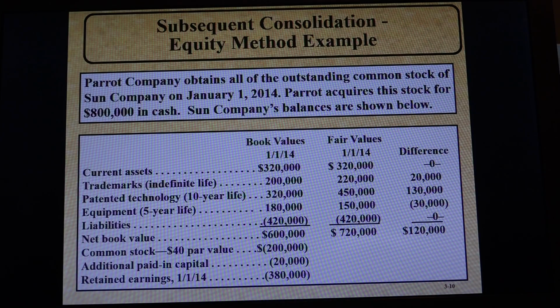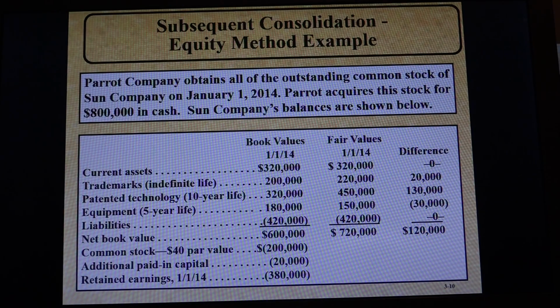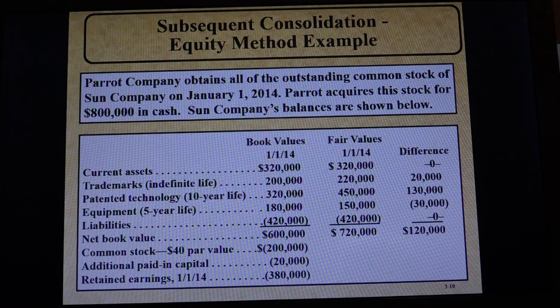Again, Parent is purchasing Sun for $800,000. So you already know that you've got $80,000 of purchase price not identified to any particular asset. And if you recall, we have to assign that to goodwill. And so your differences are over there.